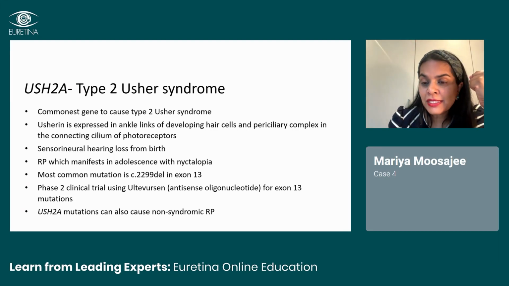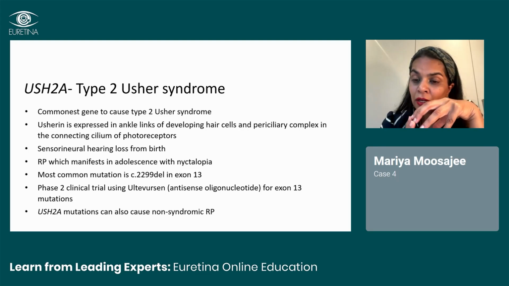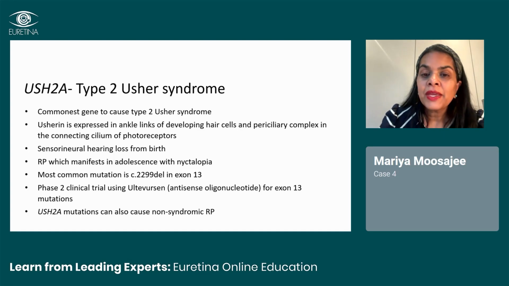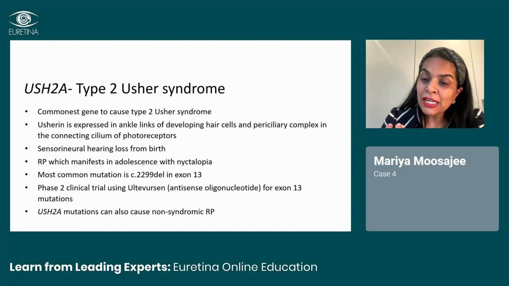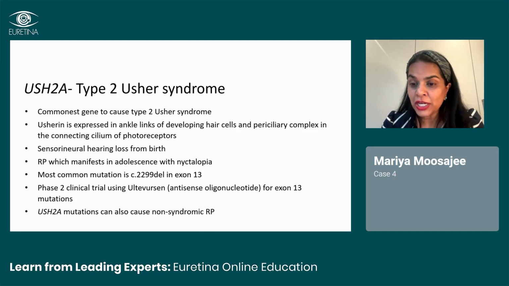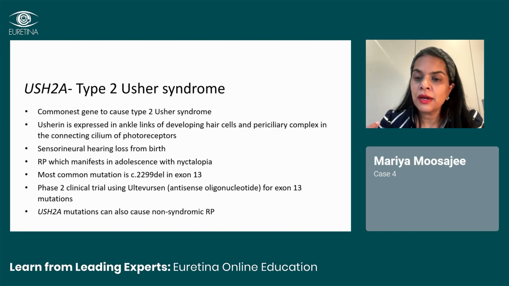If usherin isn't there, it doesn't form the correct docking complex with whirlin and ADGRV1, 2 other genes that cause type 2 Ushers. The rhodopsin stays localized in the inner segment, causing a lot of congestion, which then leads to photoreceptor stress and then death.